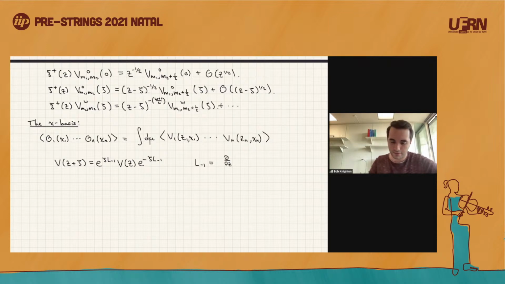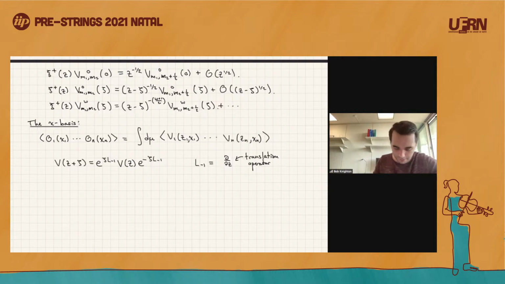So this is the translation operator. Just like in standard quantum field theory, where you translate operators by sandwiching them with exponentials of the momentum operator, here you sandwich with exponentials of the L minus 1 mode of the Virasoro algebra. And so you can do the same thing for the X component.